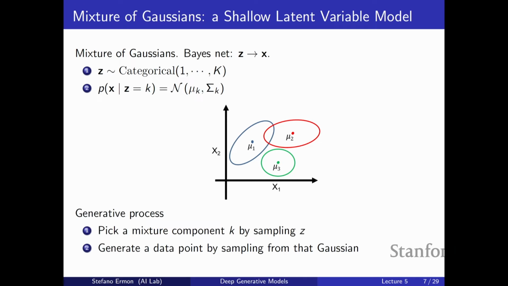And so the generative process, again, is you pick a component, and then you sample a data point from that Gaussian. So maybe you uniformly pick, or whatever is the prior over Z. Maybe you sample Z, you get 2, and then you have to pick a point distributed according to a Gaussian with mean here and covariance shaped like that, and so forth.